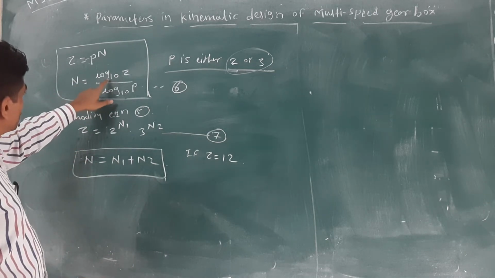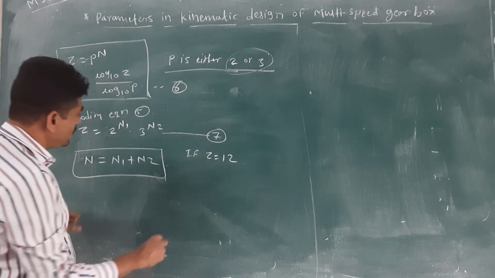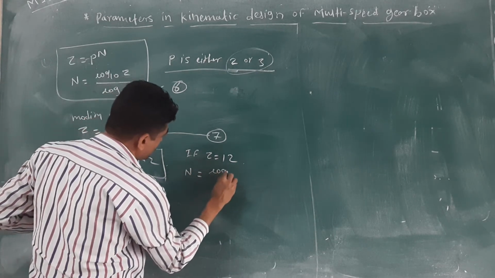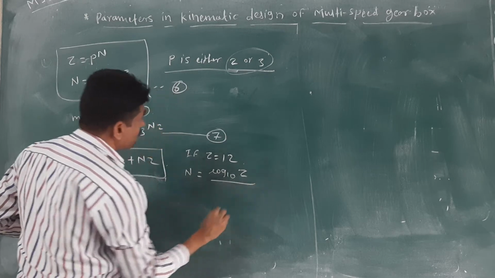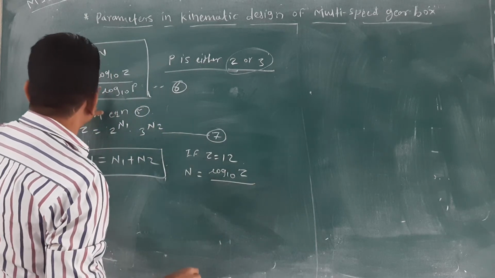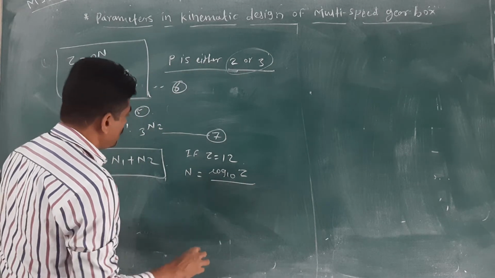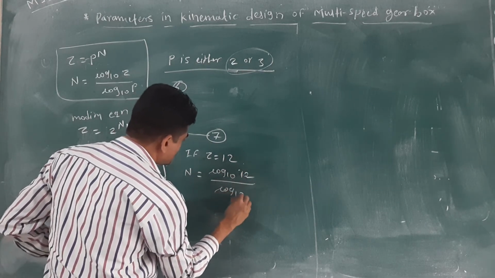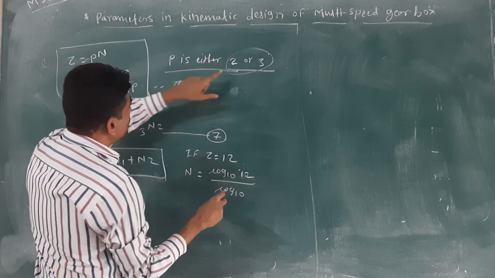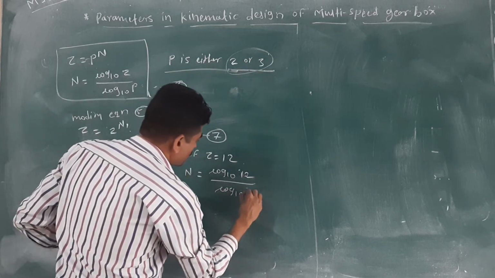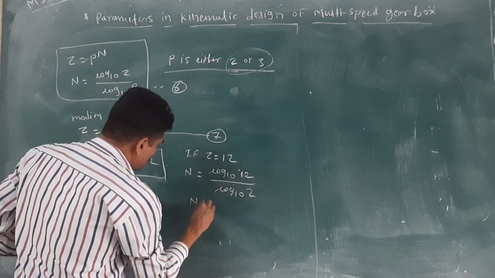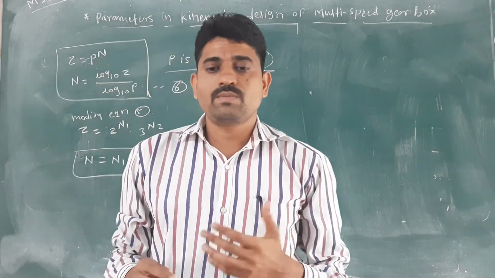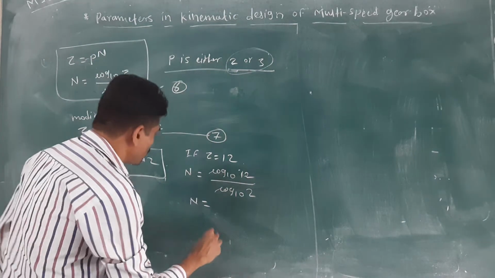Put this value in that equation: n is equal to log 10 z divided by log 10 p, where z is 12. What is the value of p? Either 2 or 3. We will put 2 first, then calculate with the help of a calculator. Log 10 12 divided by log 10 2, you will get 3.58.